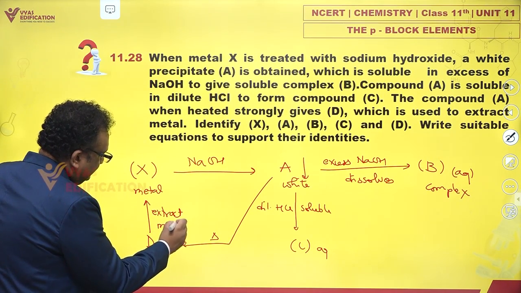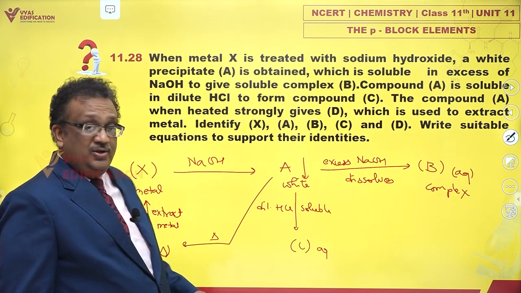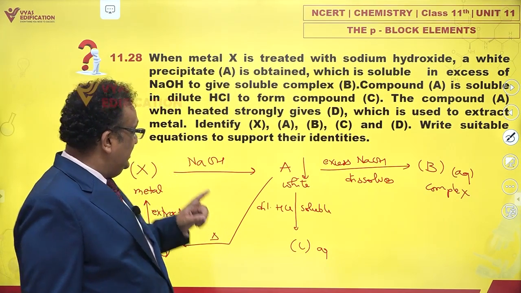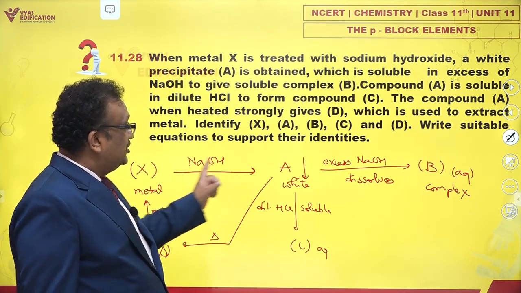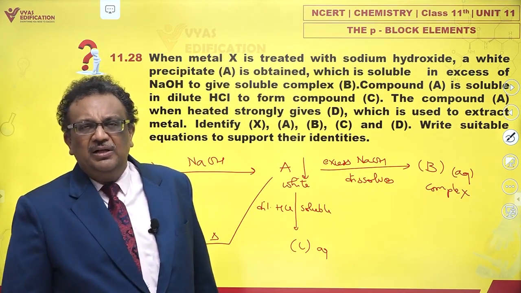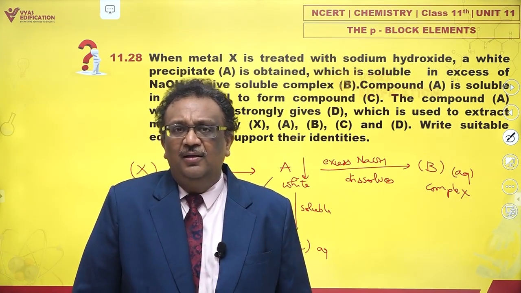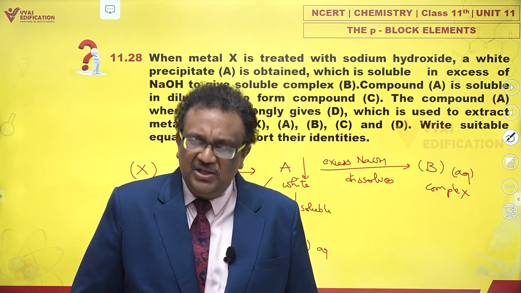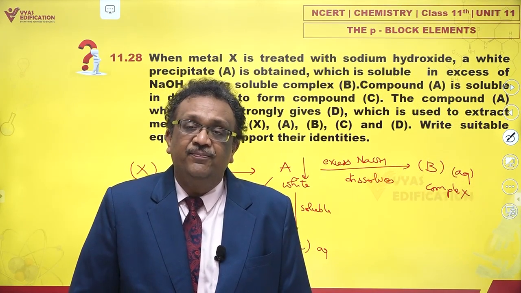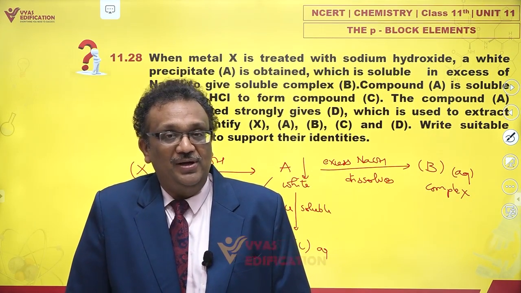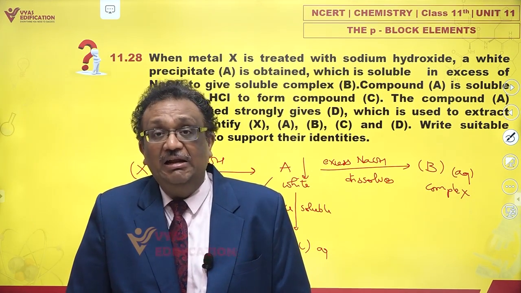Now first of all, the most signature hint in the entire question is this. You have a metal which dissolves in NaOH. Now metals normally do not react with NaOH at all. If you take things like iron, they have no reaction with any NaOH or a base. Which metals can react with NaOH? Amphoteric metals like aluminium, tin, lead.